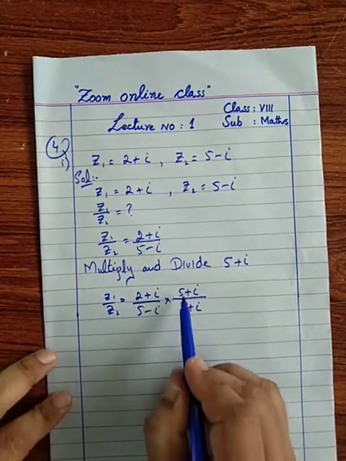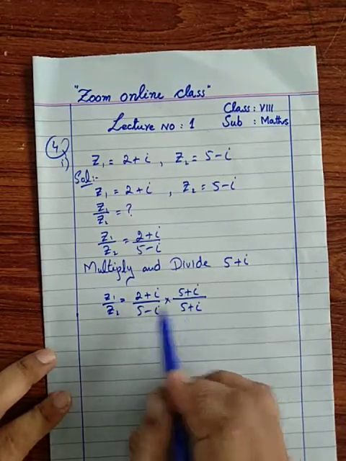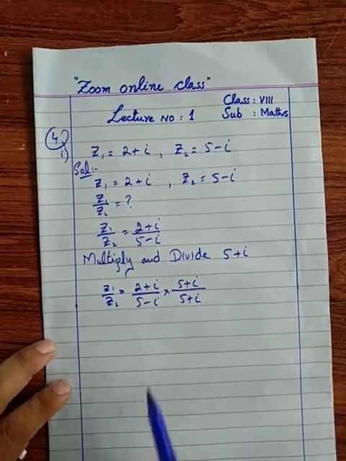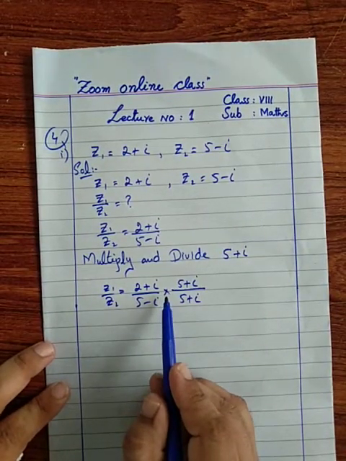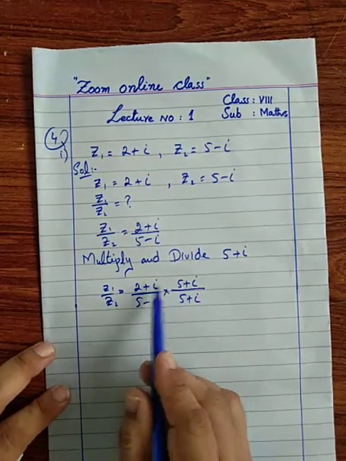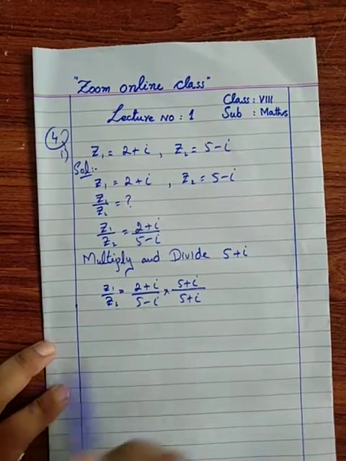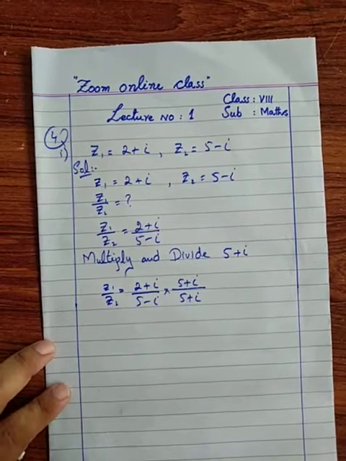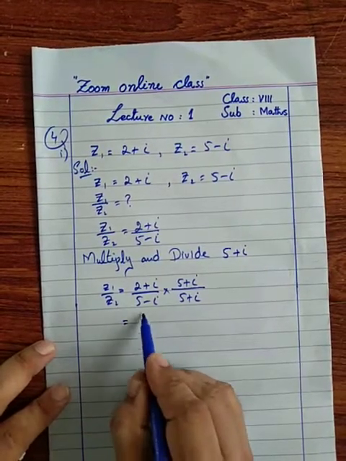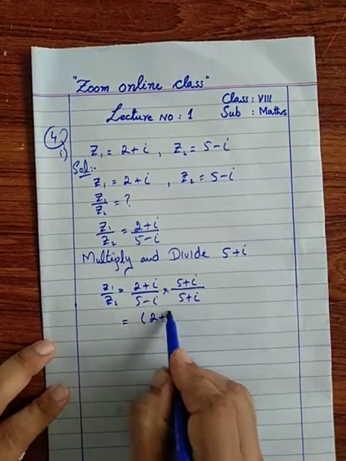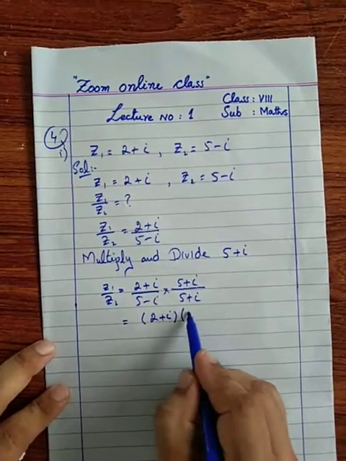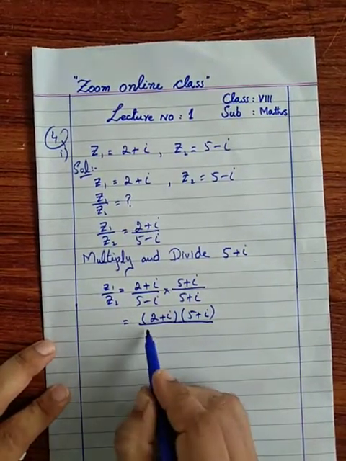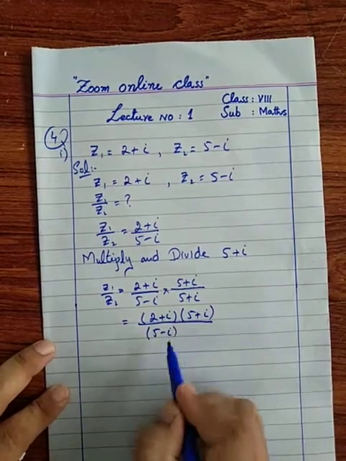According to the statement, we multiply and divide by the conjugate of this number. As we mentioned the multiply sign, we multiply the numerator with the numerator and the denominator with the denominator. So here we put these two complex numbers in small brackets, and the denominators as well.